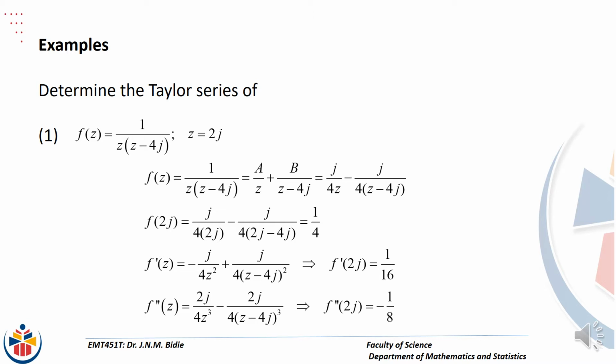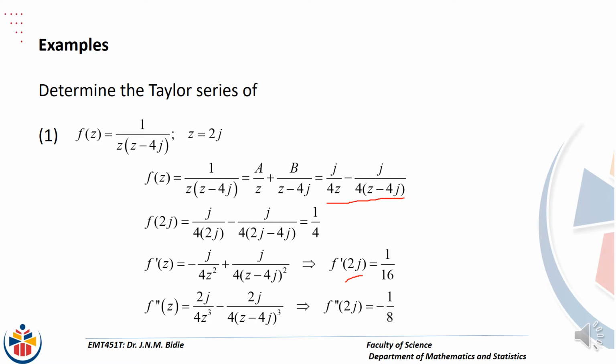And then the second term requires us to have the first derivative of f of z. So we differentiated what we had there as partial fractions and easily did that, and then we substitute our 2j in to get the answer.